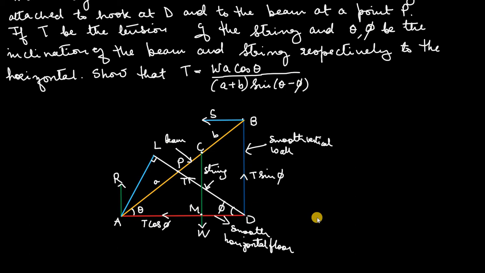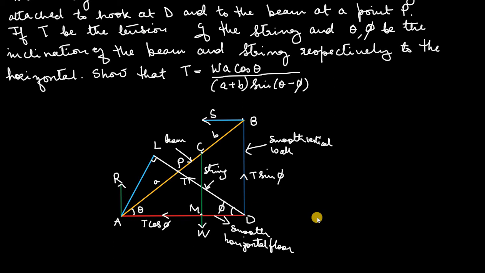T is the tension of the string acting in this direction because this is hooked from here to here, okay, and LA here is the perpendicular distance of this string DL to the point A.